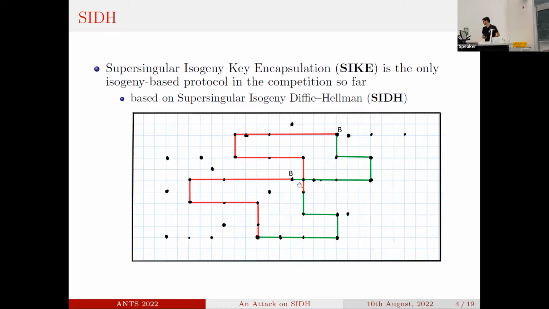So if we want to break SIDH, we are going to retrieve the secret path that Alice or Bob, depending on which side we want to break, computed in the graph. Once you understand the secret path that, for instance, Alice used to compute the public key, you can impersonate Alice and repeat the computation.